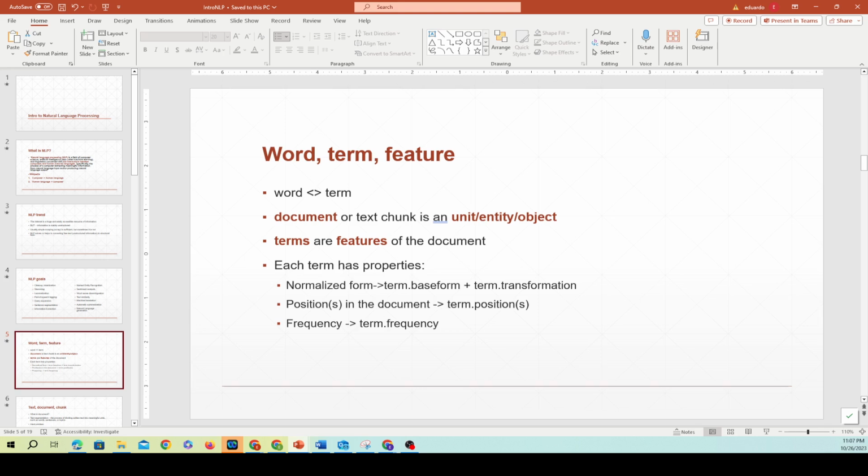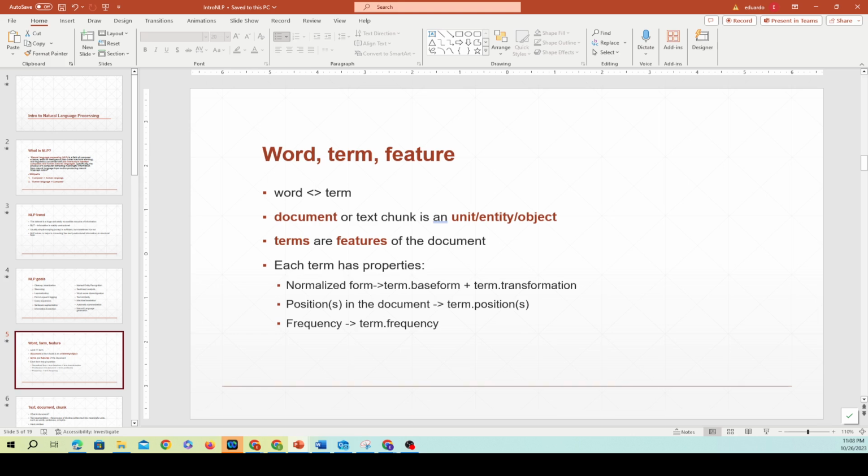We usually refer to the words as a term. A document is practically what we refer to as an entity, a unit, or an object, and terms are practically features of the document. We'll go into more detail on how a term could be represented, but each term has properties like normalized form, term-based form, and so on. A normalized form is practically a term-based form plus a term transformation.